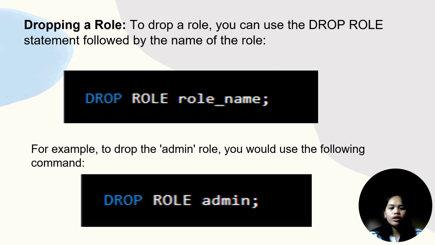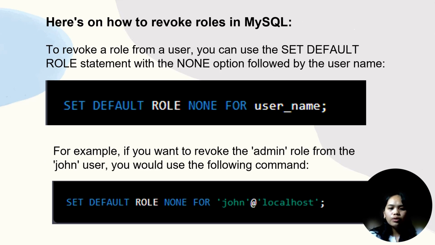That's all. Also, how to revoke roles in MySQL. To revoke a role from a user, we can use the set default role statement with the none option followed by the username.